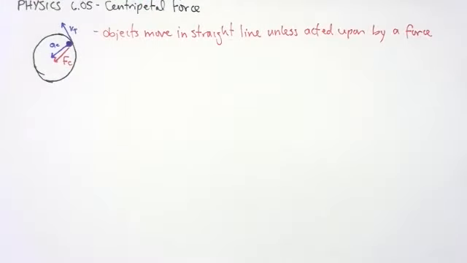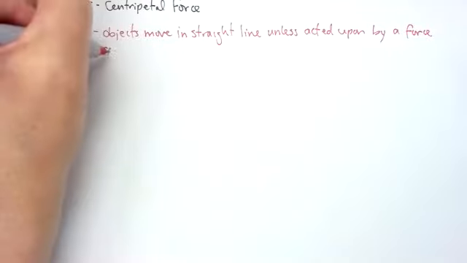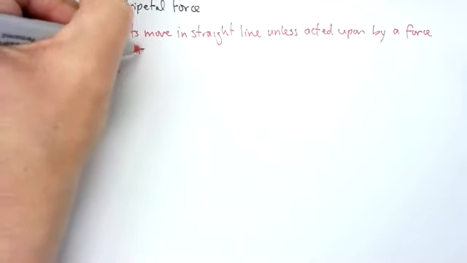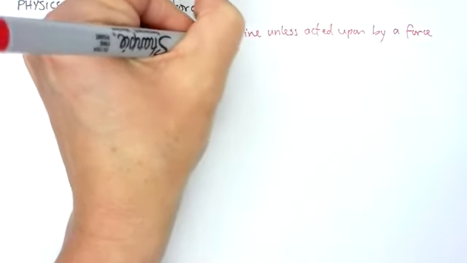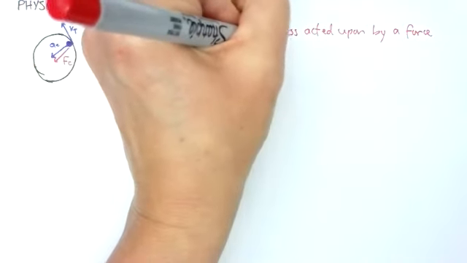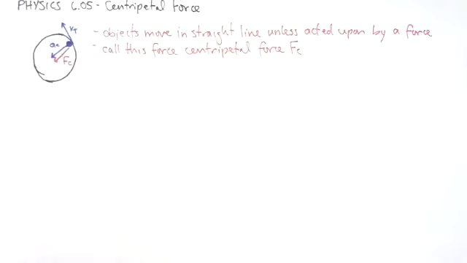So centripetal force is what we call this force, centripetal force, or F sub C. Now, you might think we're introducing a new force, but actually we are not. This is not a new force.